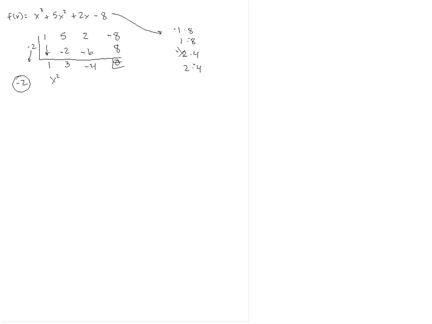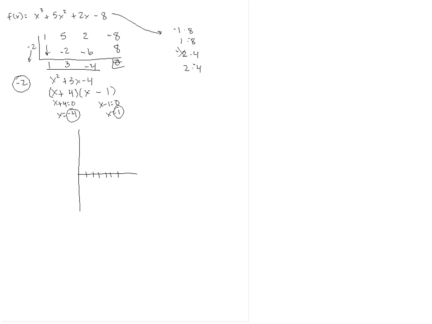Now, this gives me x squared plus 3x minus 4, which factors into x and x, 4 and 1, plus and minus, which means x plus 4 equals 0, so negative 4, and x minus 1 equals 0, so positive 1. So we have our zeros. We know where it's crossing the x-axis.